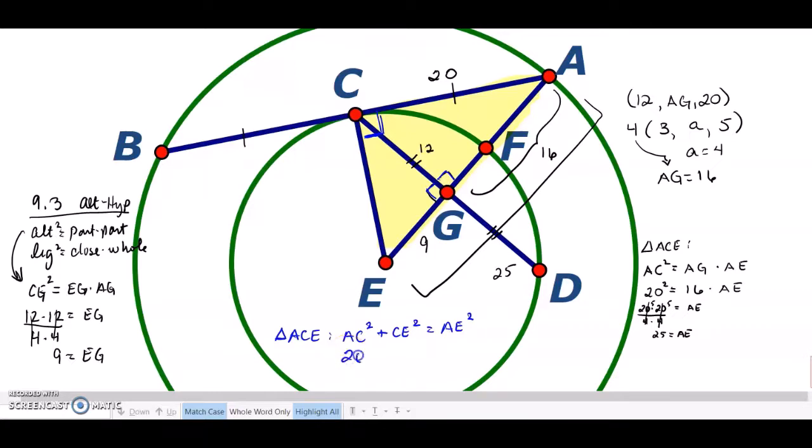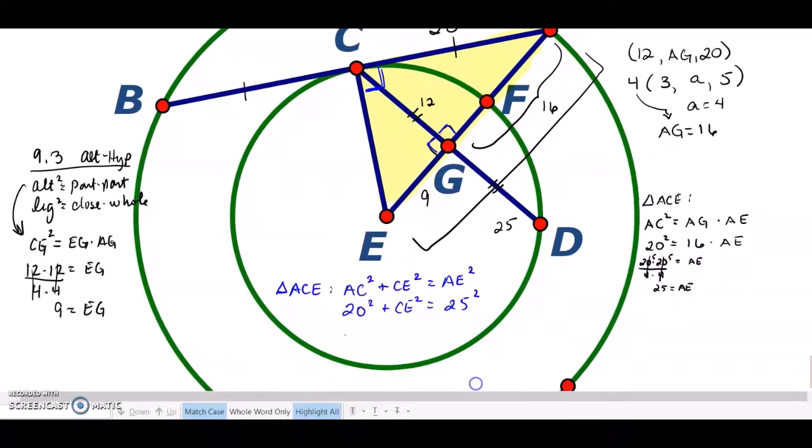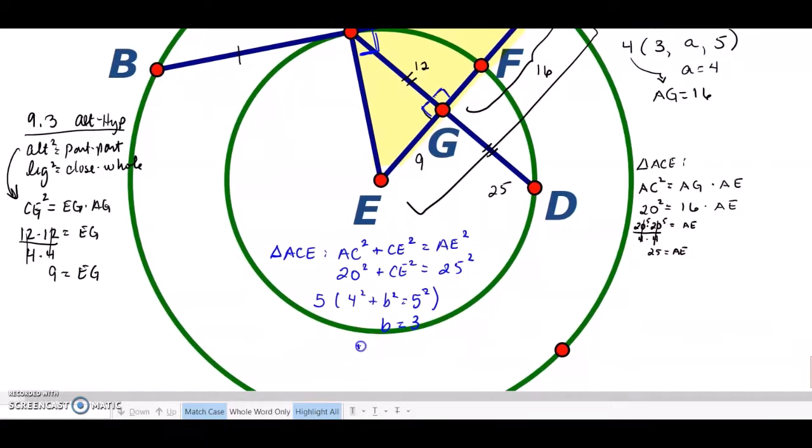And I know that's 20, and AE is 25. So again, I can use the reduced triangle principle, factor out 5, and see that it has to be 3, which means that CE must be 5 times 3, or 15.